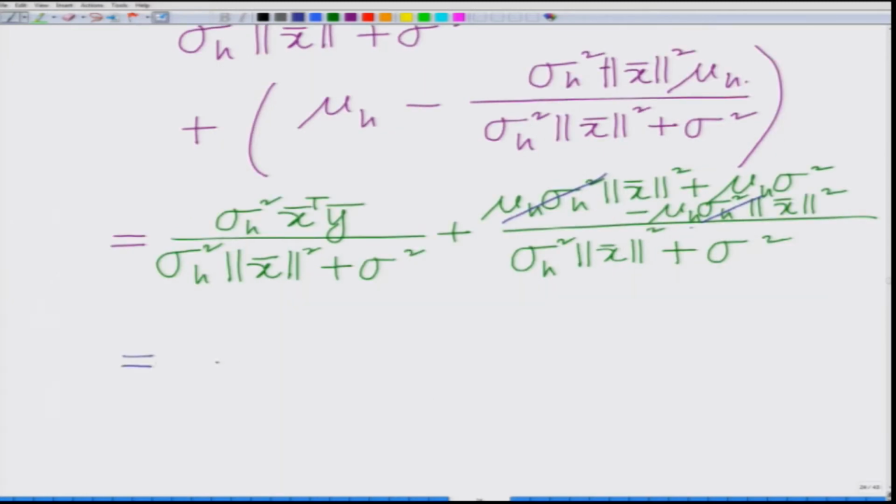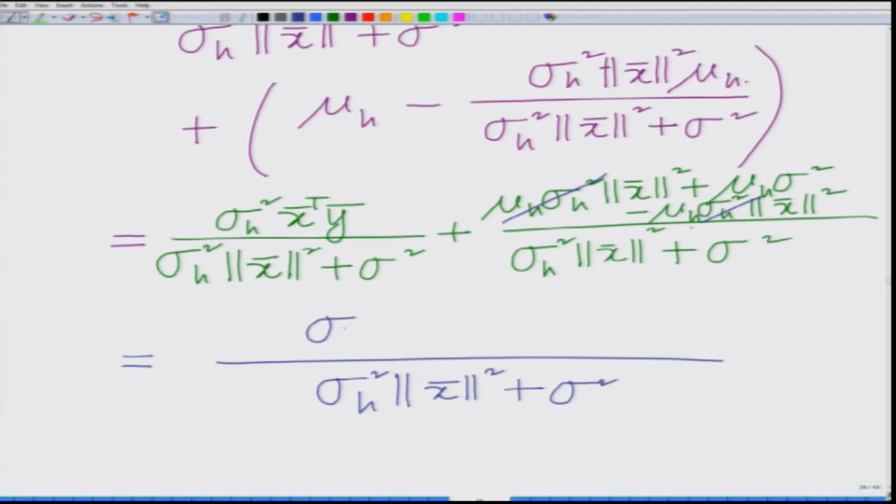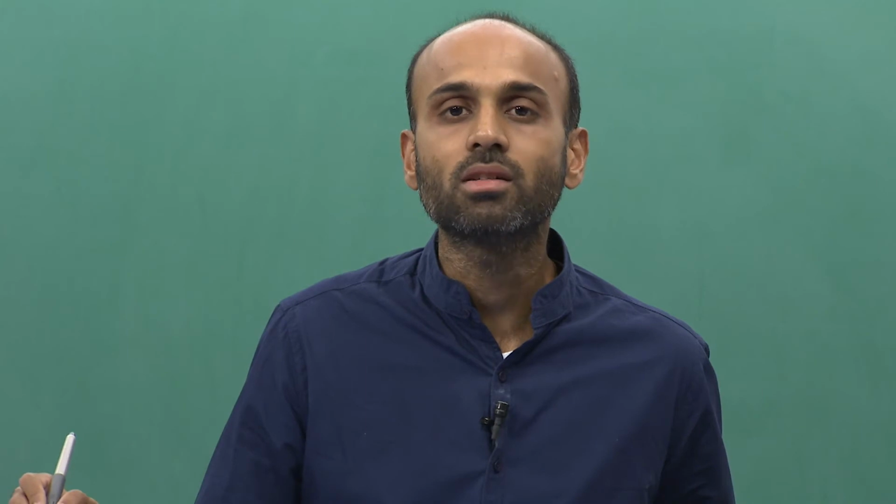Now, once you simplify and bring them onto a common denominator, what you have is sigma h square x bar transpose y bar plus mu h into sigma square, divided by sigma h square into norm x bar square plus sigma square.